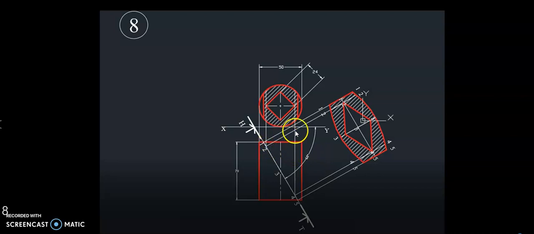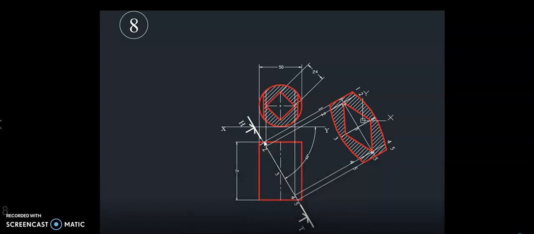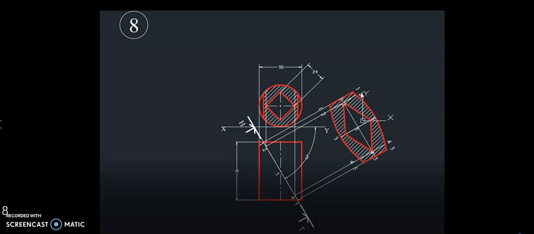Now, how to draw the true shape? The cutting plane cuts this face here. So project from there. You draw the axis of the true shape like this, line parallel to this cutting plane.